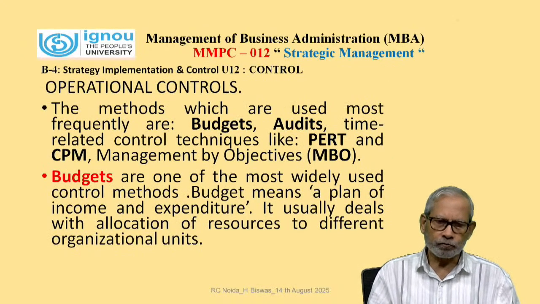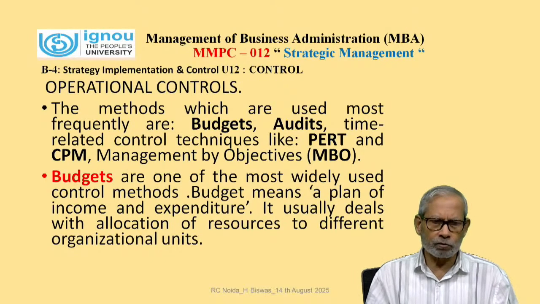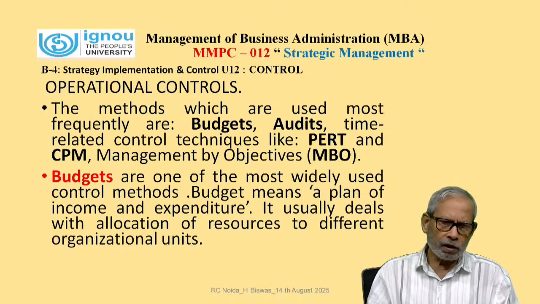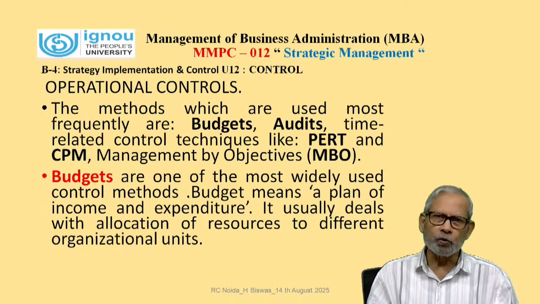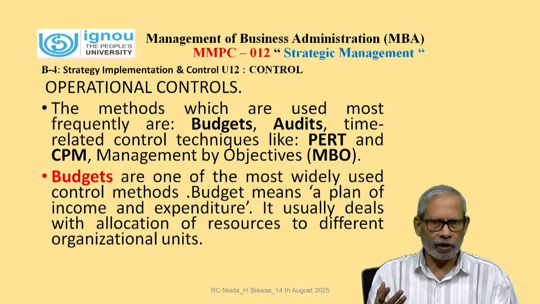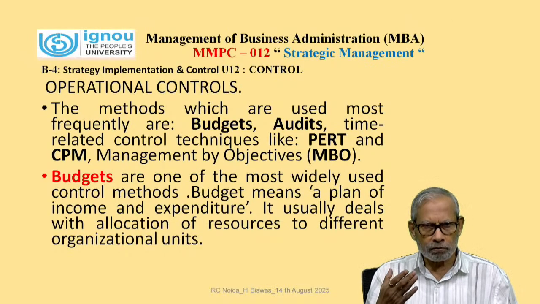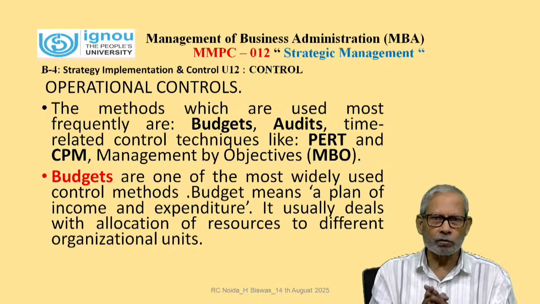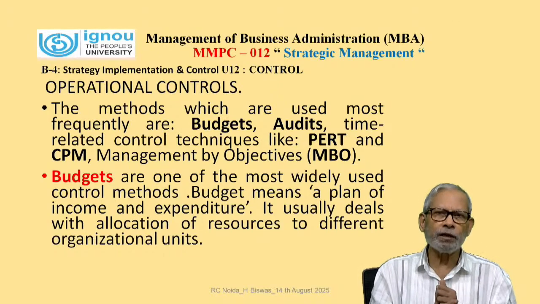Then your another part is different methods. There is budget, audit. Through this way also you can get some inputs about the right or wrong dimensions, where more attention is required. So from the budget you can see where we are lagging or leading, where more money is required, where you can restrict the funds.